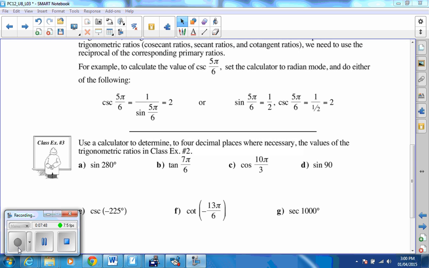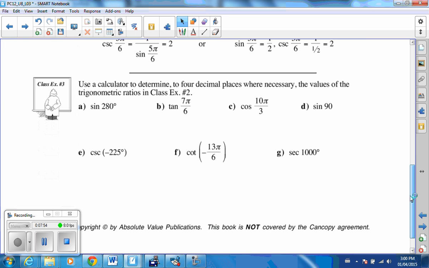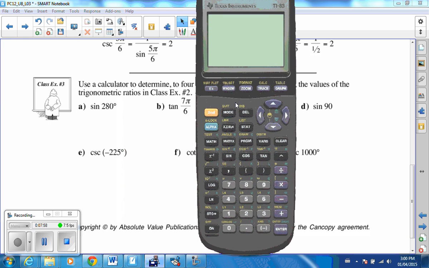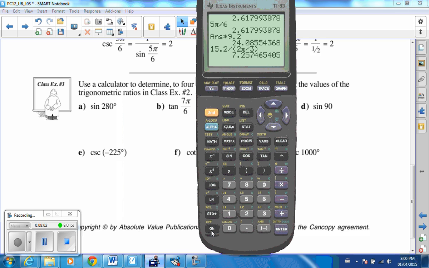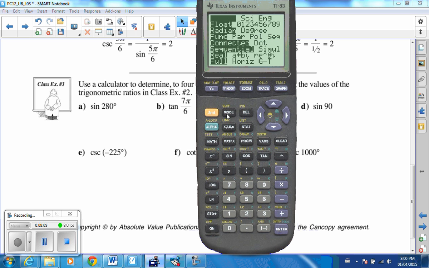So to do these things with your calculator, all you do is you do the sine of the thing, or the cosine of the thing, whatever the standard thing is, and then if it's a reciprocal, you do your 1 over using your reciprocal button. So sine of 280, that's going to be, make sure I'm in degree mode.